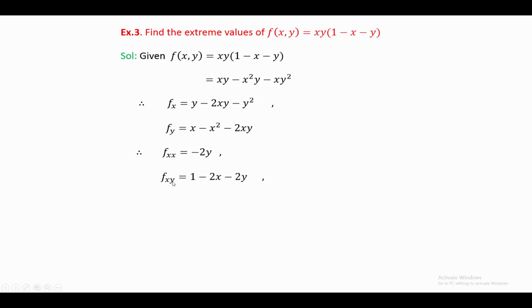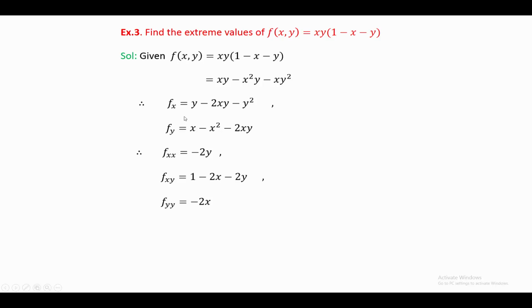F of xy, partial derivative of fy with respect to x, is 1 minus 2x minus 2y. Then f double y, partial derivative of fy with respect to y: 0 minus 2x, means only minus 2x.